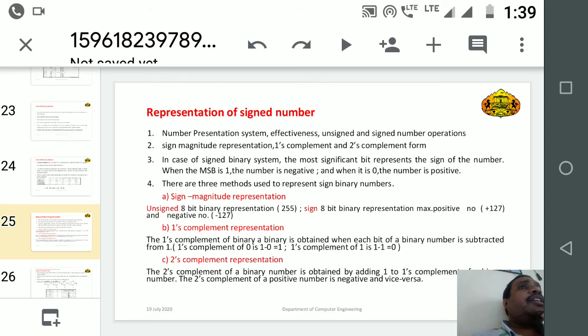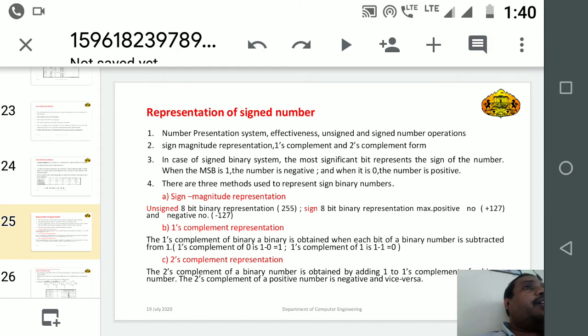Next, signed 8 bit binary representation: the maximum positive number is plus 127 and the maximum negative number is minus 127. Students, note that when the word unsigned comes, you consider only positive numbers.